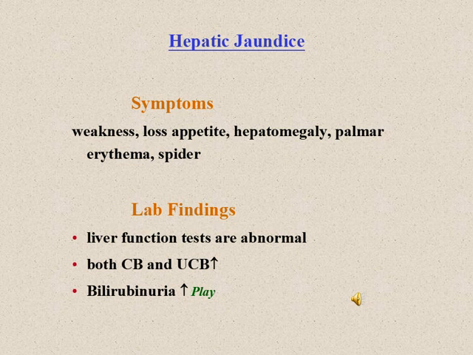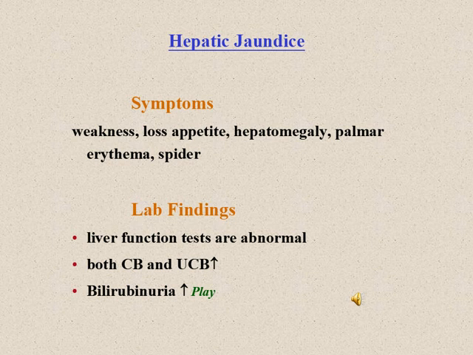Lab findings: liver function tests are abnormal, including bilirubin fractions, enzymes, and the albumin, globulin, and A/G ratio. The liver enzymes are aspartate transaminase, alanine transaminase, alkaline phosphatase, gamma glutamyl transferase, and 5-nucleotidase. Both conjugated and unconjugated bilirubin increase because the hepatic cells contain both.